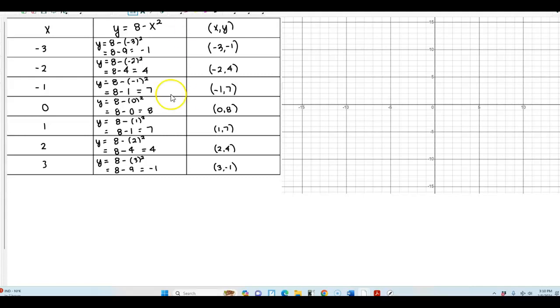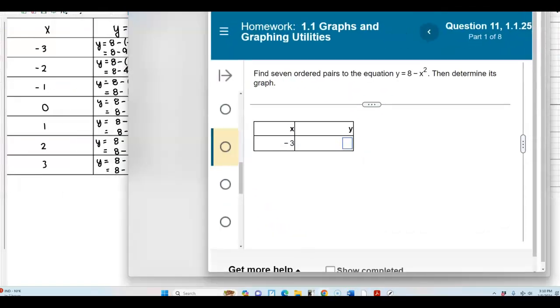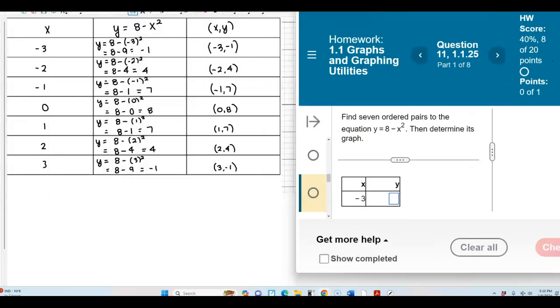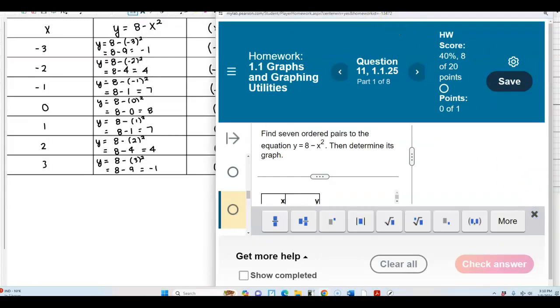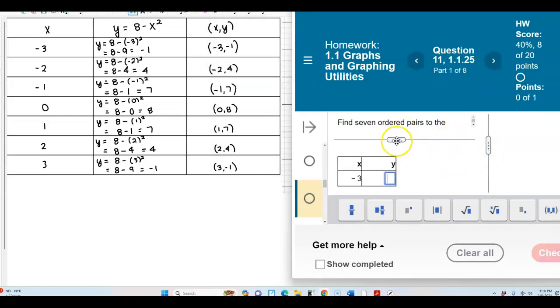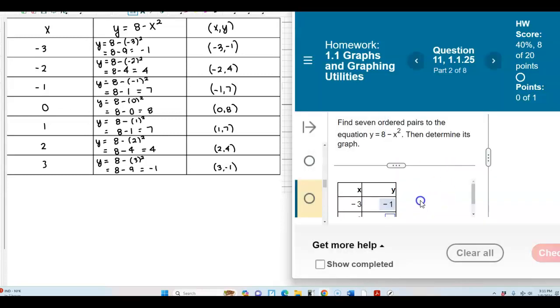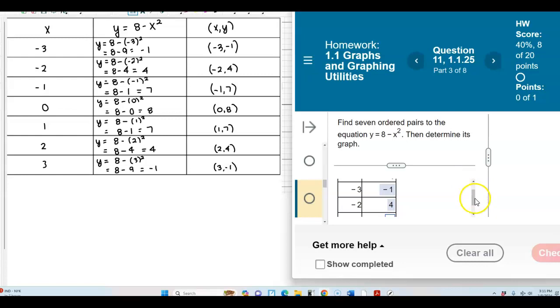So let's go ahead and put these values into MyMathLab to make sure that our answer checks. So we're going to put in the values that we got for this problem here. So negative 3, we put in negative 1, and our answer checks. Negative 2, and then we're going to put in positive 4, and that checks.